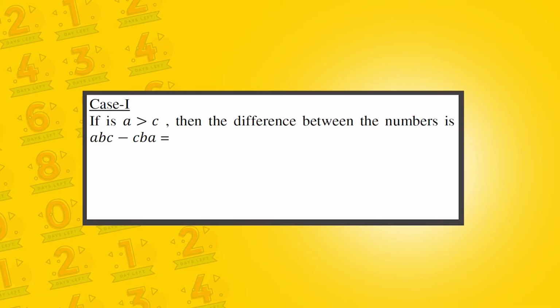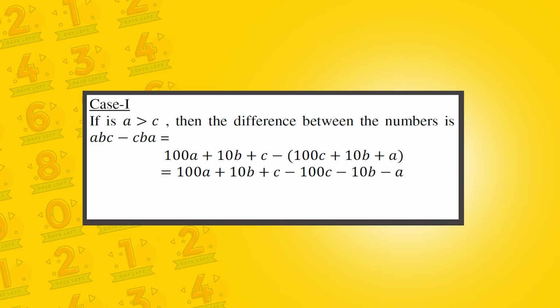In case 1, if A is greater than C, then the difference between the numbers is ABC minus CBA. That is equal to 100 times A plus 10 times B plus C minus (100 times C plus 10 times B plus A).